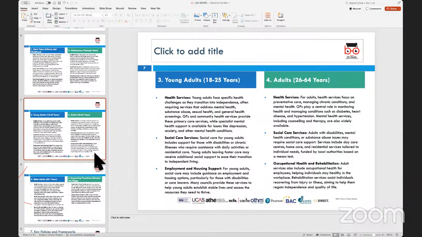Then for young adults, it is employment and housing support, which is where the government steps in, and the health department steps in, to provide those services related to health and social care or mental health care.